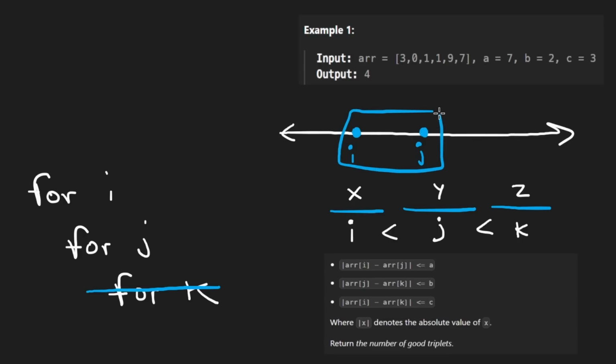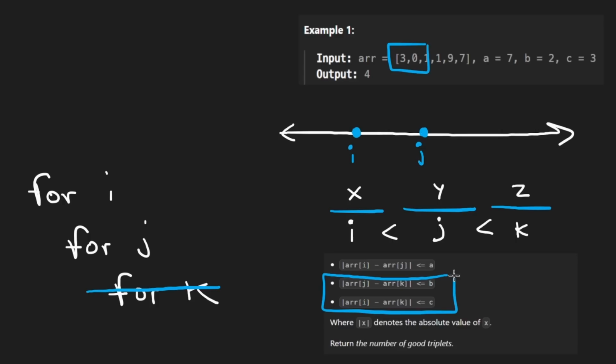Okay, that's true. Now, what I want to know, and we started from the beginning of the array, remember that. So let's say we've processed some portion of the array, and some portion of the array is left over. I want to know now how many of the rest of these values satisfy the other 2 conditions.